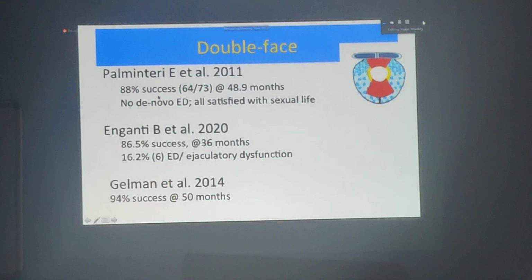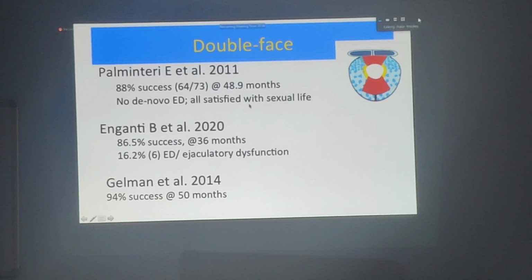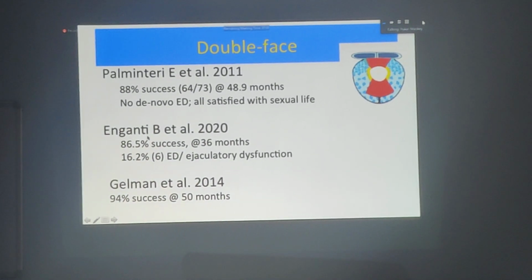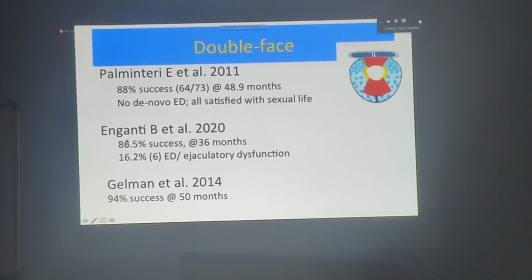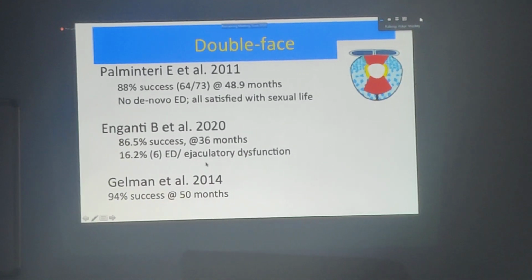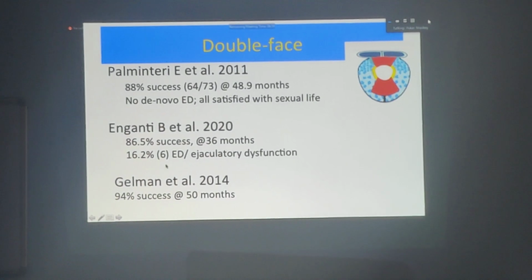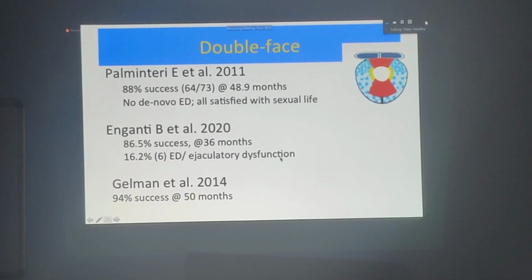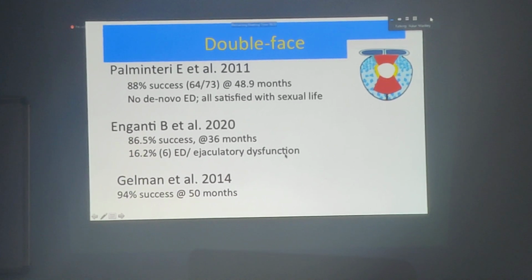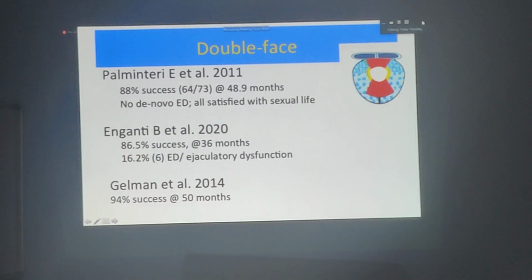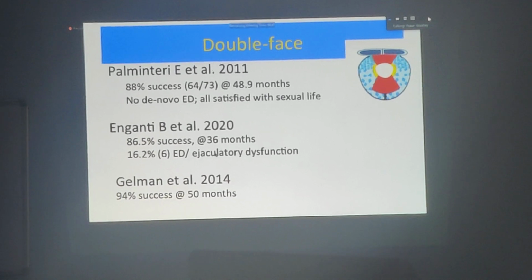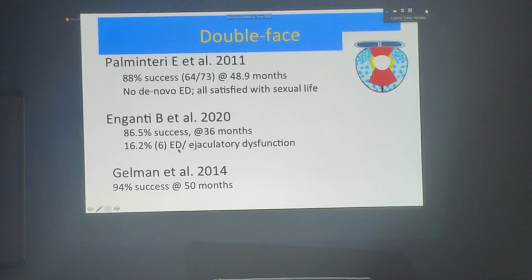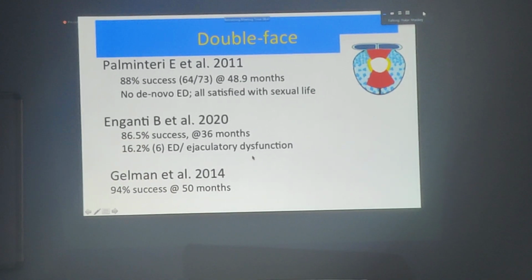This enjoys a reasonably good success rate, and in the series by Palminteri, there were no sexual side effects, whereas in a series from Hyderabad, India, by Hemant, my friend, he had a 16.2% incidence of ejaculatory dysfunction. So though double phase is said to have no sexual side effects, the series by Incante et al. has shown some degree of ejaculatory and erectile dysfunction.